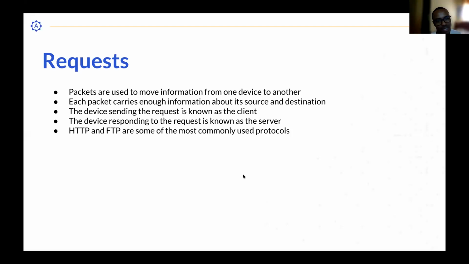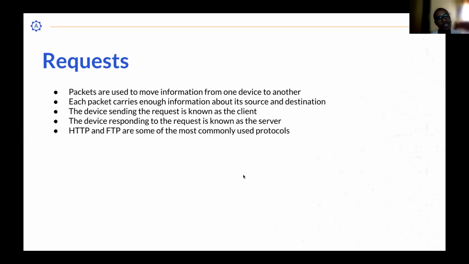The device sending the request is what we call the client. So we weren't talking about restaurants previously. We're talking about devices that send the request. And the device that responds to the request is the server.